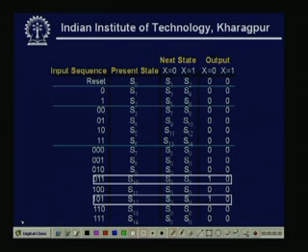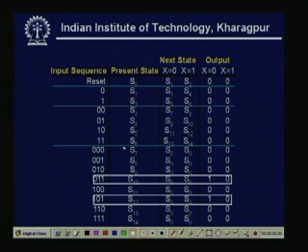Now, what do we want to match? We want to find which different present states give the same output and the same state transitions.